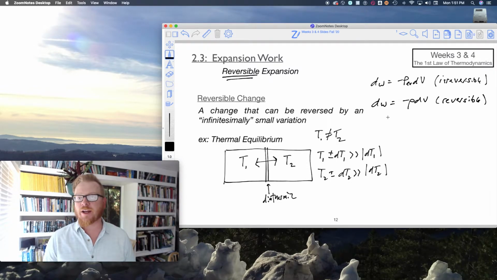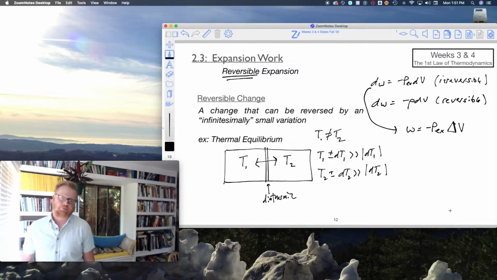In other words, when I calculate irreversible work, I should have left myself space, I'm going to draw an arrow down here. To calculate irreversible work, we just recognize it's simply work equals negative P external times change in volume.